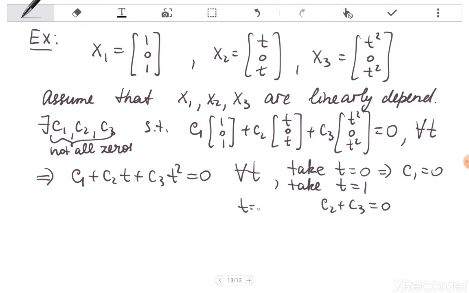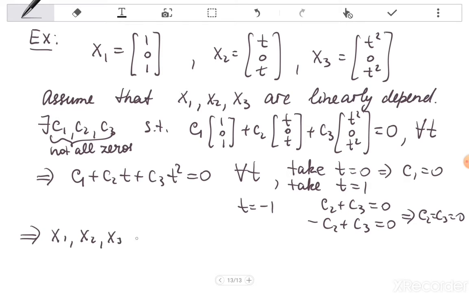Take t equal to minus 1, we get minus C2 plus C3 is 0, which means that C2 and C3 are 0. So you see that we get a contradiction. We assumed that these are not all zeros, but we get that all of them are zeros. So it means that the set is linearly independent.